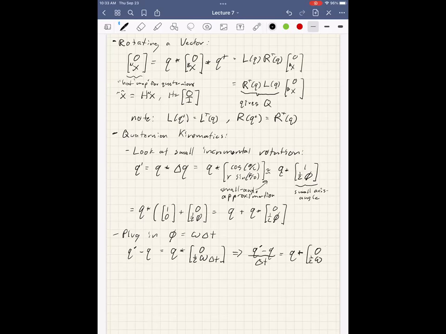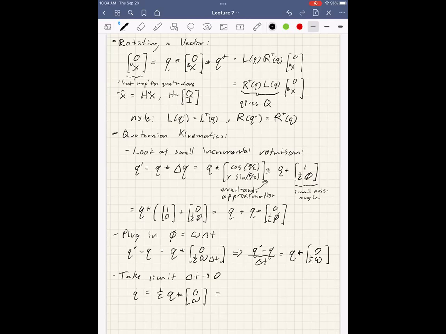Then I take a limit as dt goes to 0, and I get Q dot. So Q dot equals 1/2 Q times this.